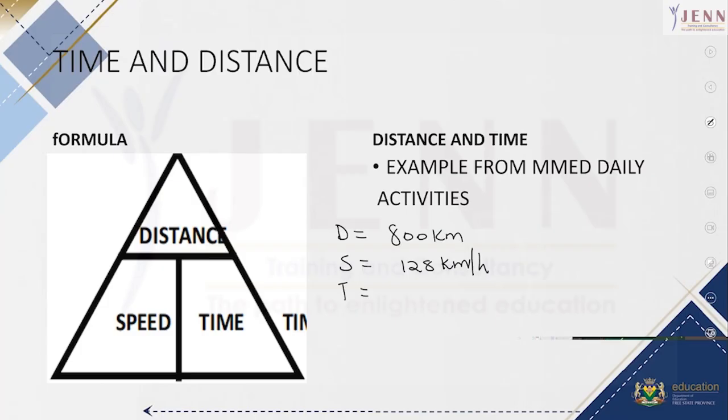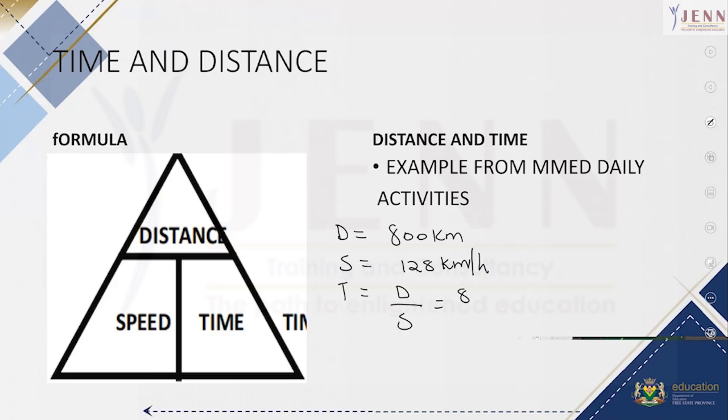But now the challenge is when they have to give time or the answer in hours and minutes. If you have to find time in hours and minutes, it becomes a problem. So time is equal to distance divided by speed.